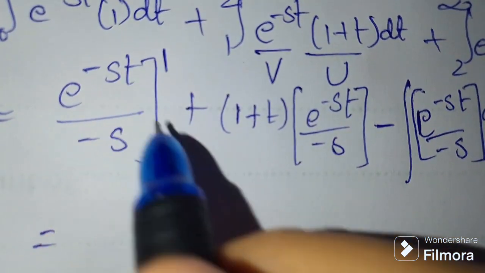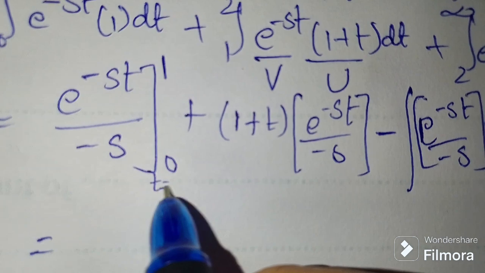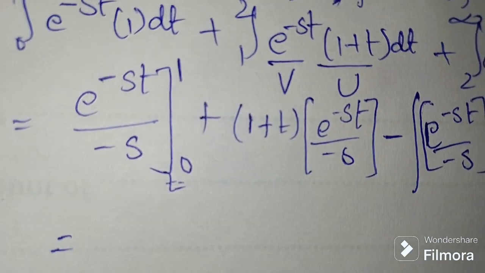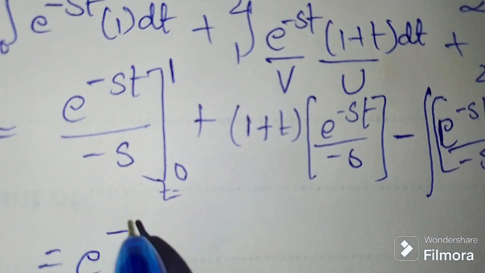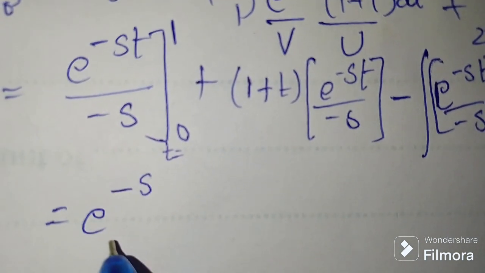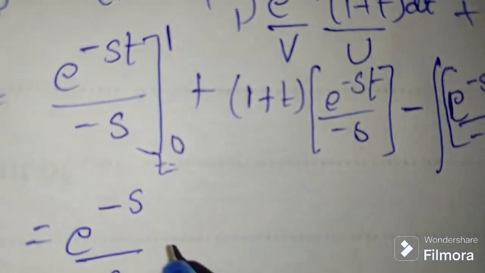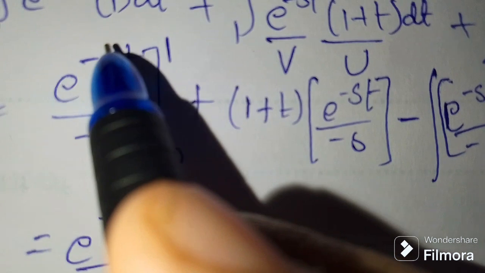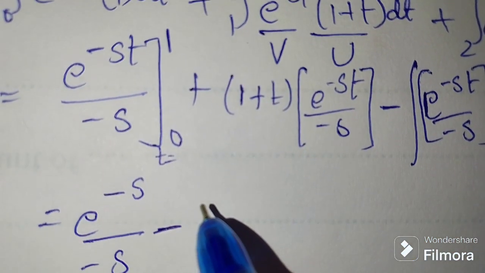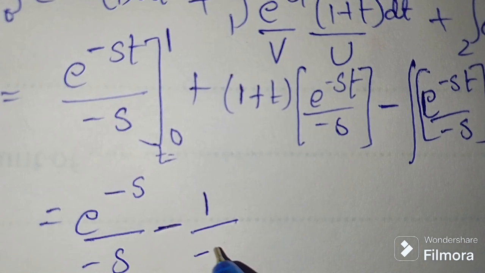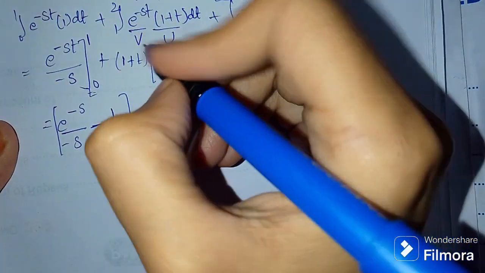Next, substitute these values. Which values are these? These are t values, so you should substitute in the place of t only. So e power minus s by minus s, minus e power 0. Anything to the power 0 is 1, so 1 by minus s.